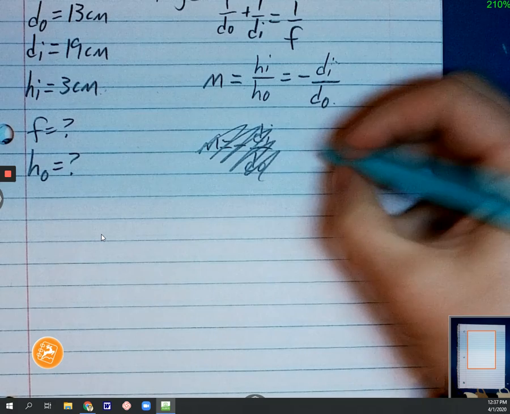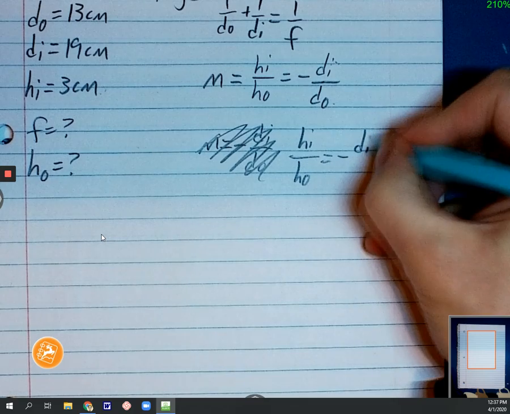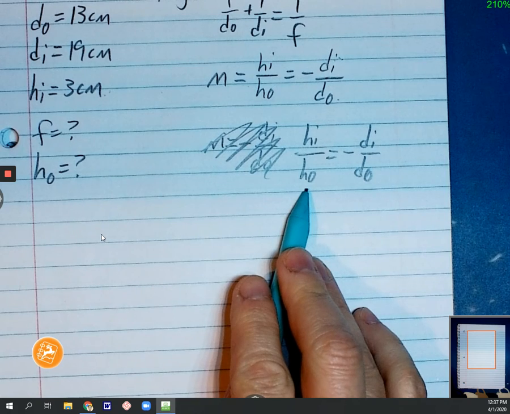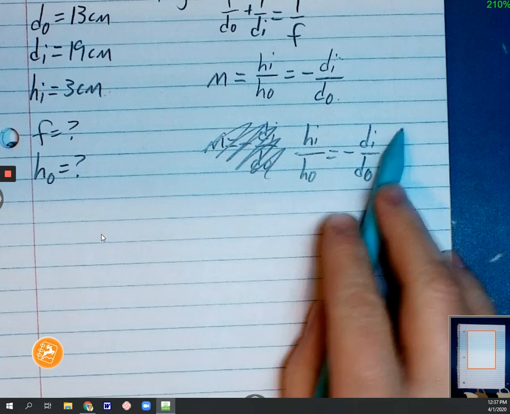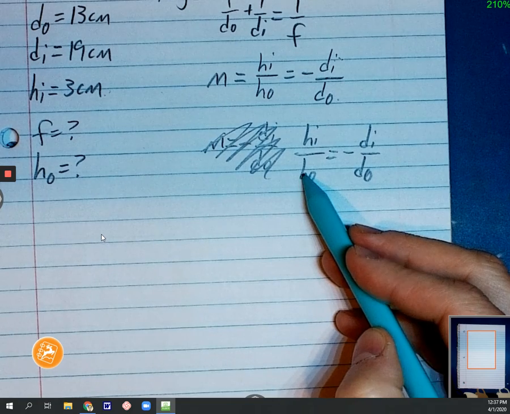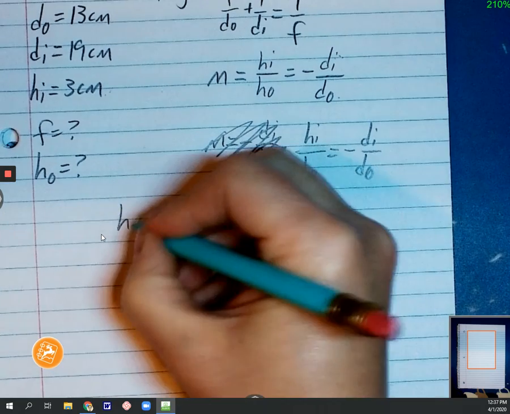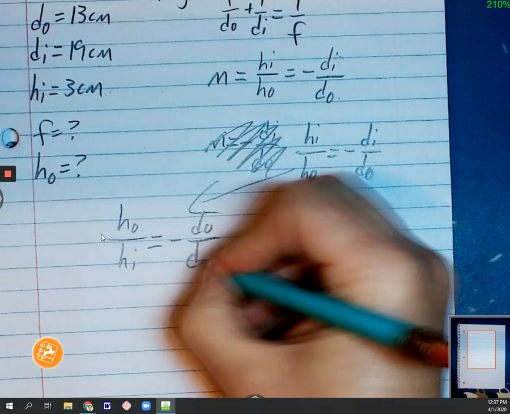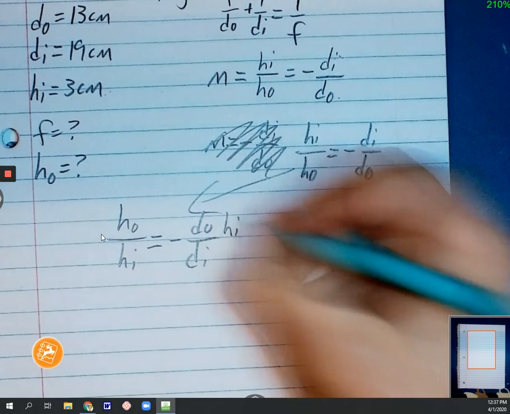Height of image over height of object equals negative distance of image over distance of object. I'm trying to find height of object, so let's invert this to make it easier: ho over hi equals negative do over di. Then I can multiply both sides by hi and get rid of that.